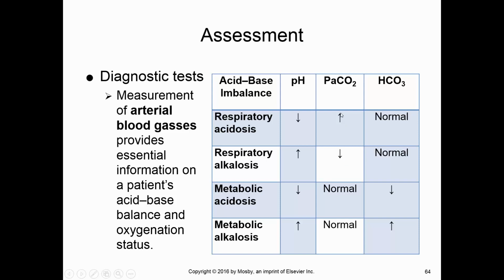It's a metabolic problem. If our PCO2 is elevated, then that means that we have a lot of CO2 in our bloodstream. The CO2 is an acid. That means we're acidotic. It's PCO2, so it's respiratory acidosis. Our bicarbonate will be normal because there's no metabolic or renal component.